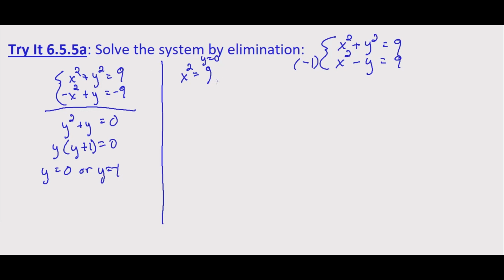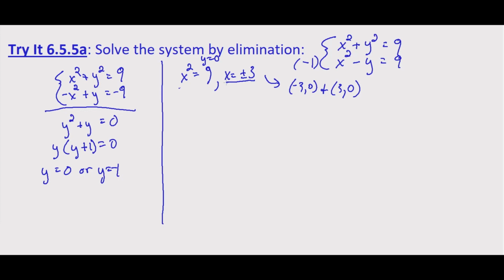Now, taking the square root of both sides, we get x equals plus or minus 3. So when y equals 0, x equals plus or minus 3. That gives us the points -3, 0 and 3, 0 as solutions.